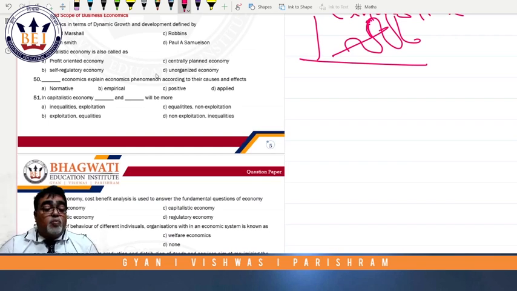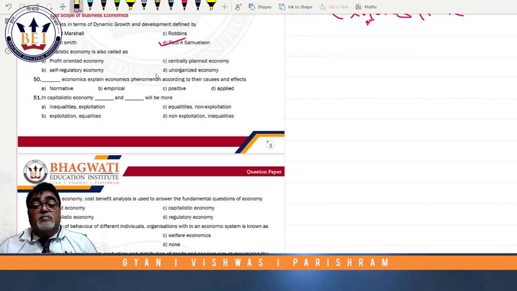Now, nature and scope. That is economics in terms of dynamic growth. The simple definition, beta, Professor Samuelson has given that. Nothing to explain over here. Socialist economy is also called, I believe everyone knows that. Capitalist means private ownership.